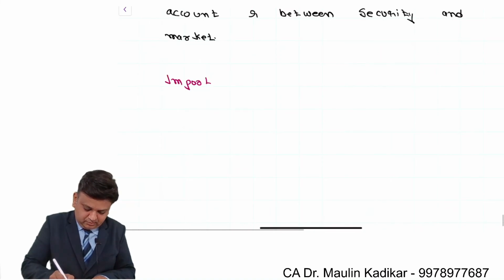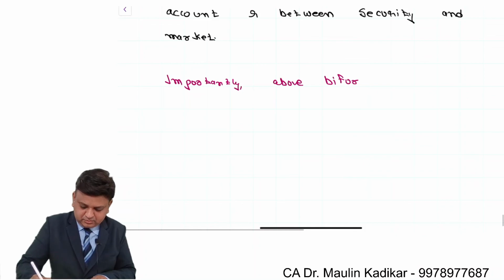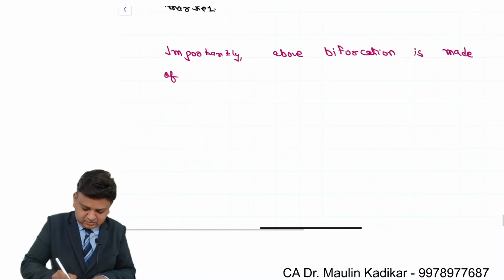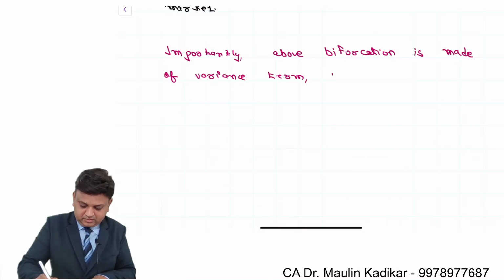Importantly, above bifurcation is made of variance term, comma, instead of standard deviation.